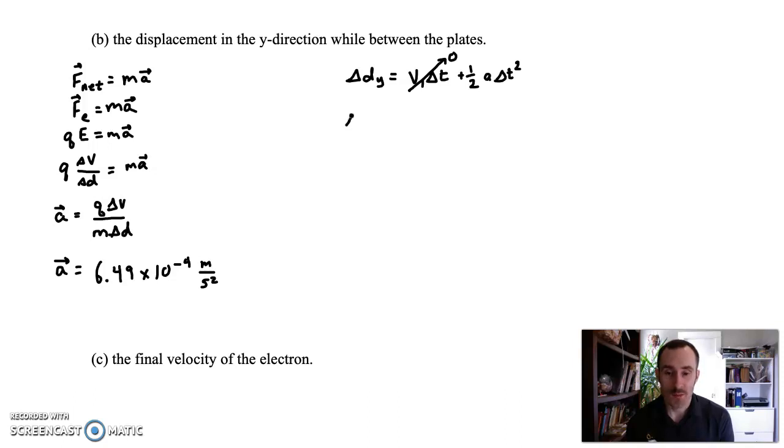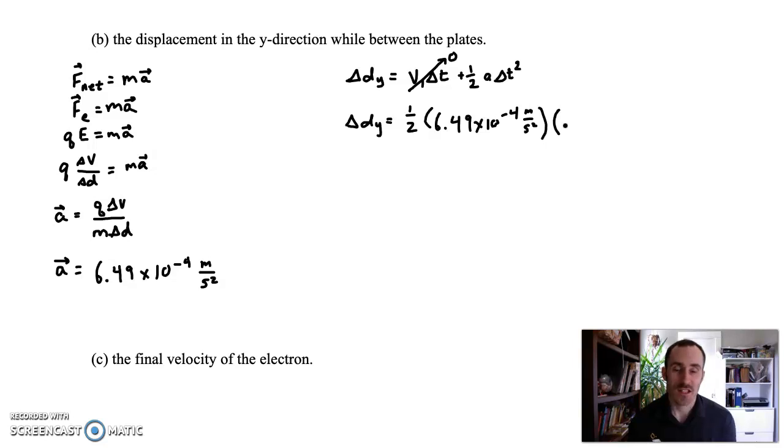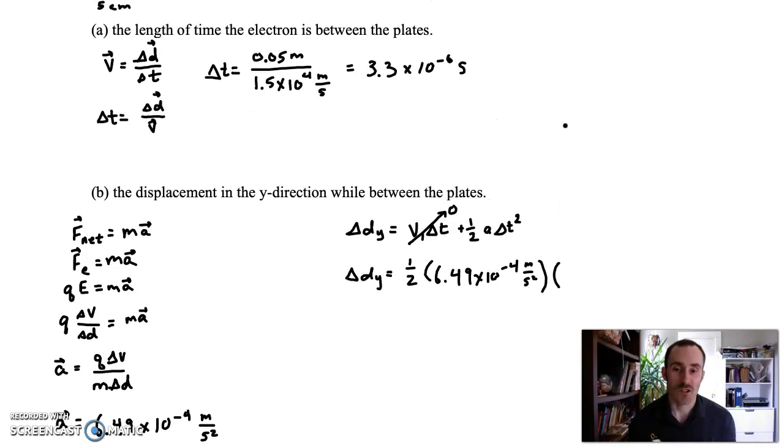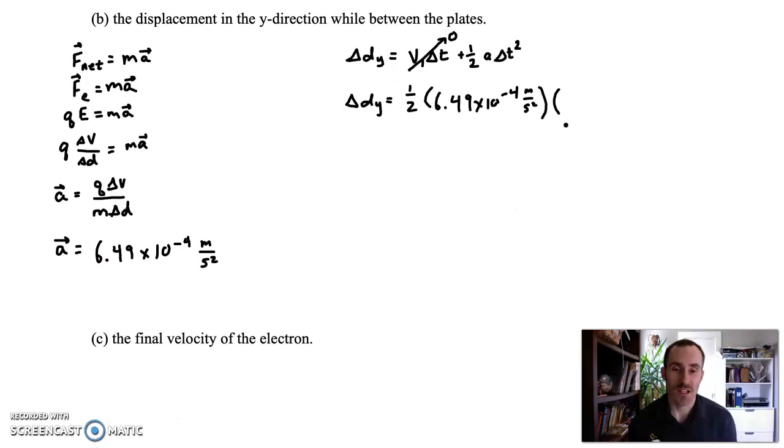So this y displacement is going to be equal to half times 6.49 times 10 to the negative 4 meters per second squared times that time that it was between the plates, which is 3.3 times 10 to the negative 6.